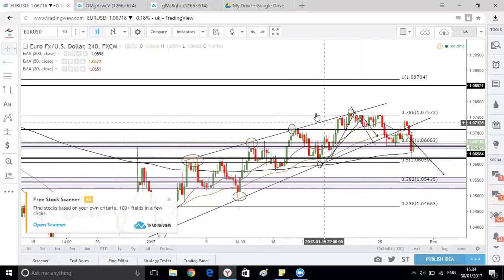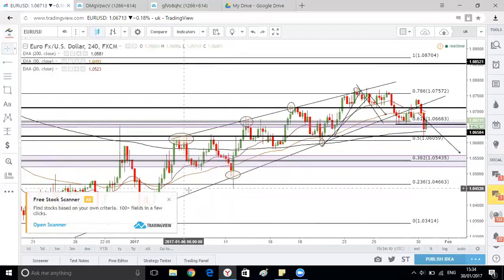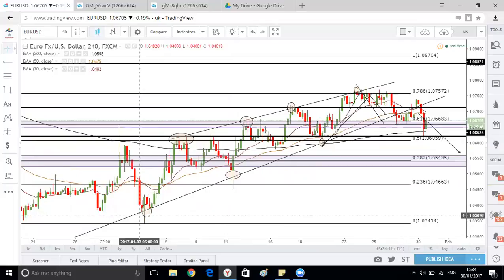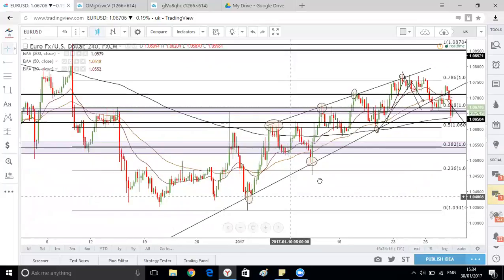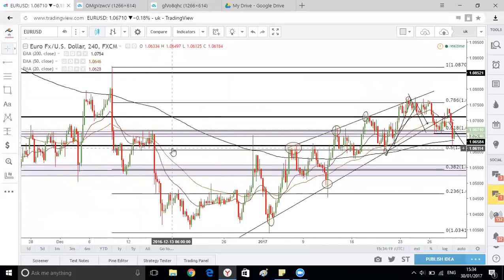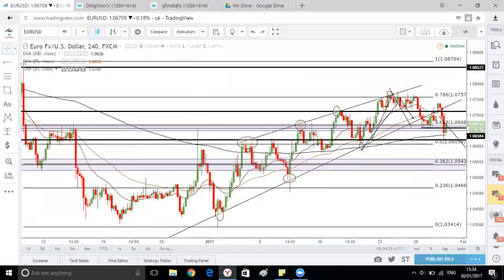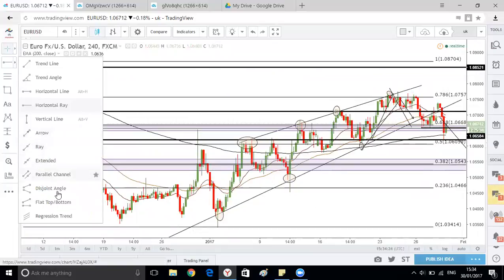All these levels marked on here are key levels, and this is what the market respects. If most of you haven't heard of Astro FX, this is what they use. They mark all these levels, and it's not hard to do. It's just simple. All you do is get your horizontal rays and use these parallel channels.